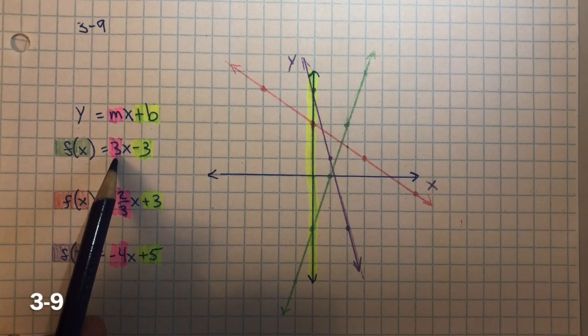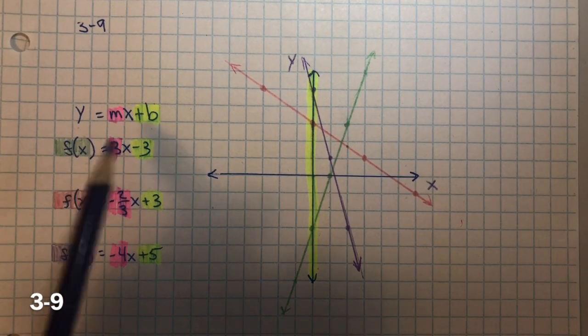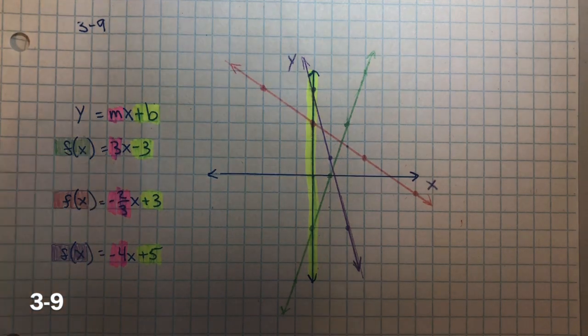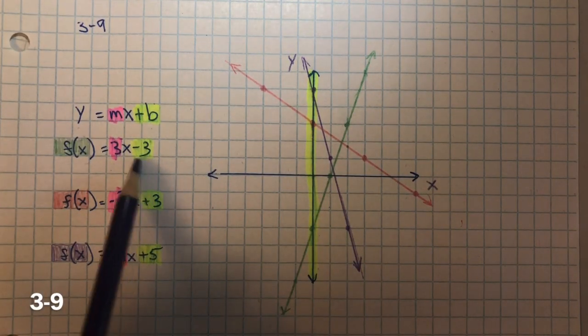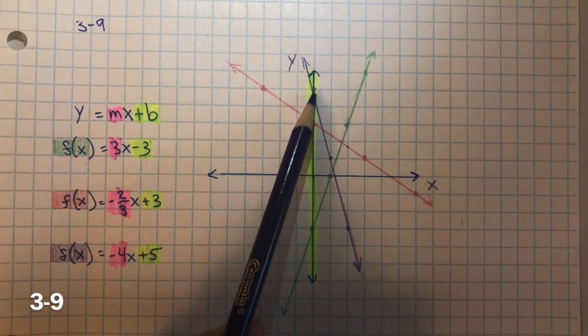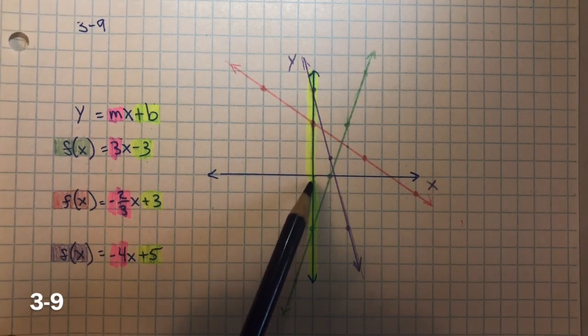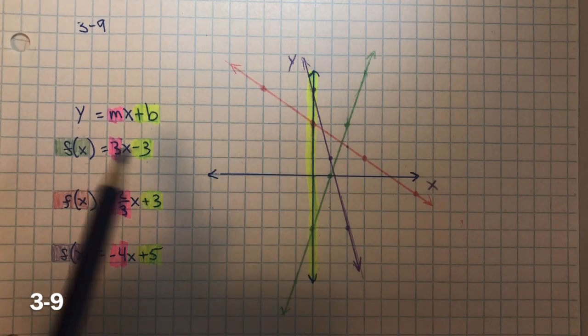The m represents the slope, so this is the rate of change. The b value represents the y-intercept, so this is where it crosses the y-axis. So this function on the y-axis starts at -3, and it has a positive slope.